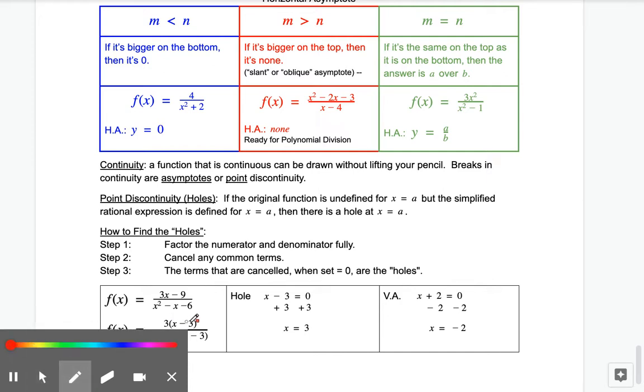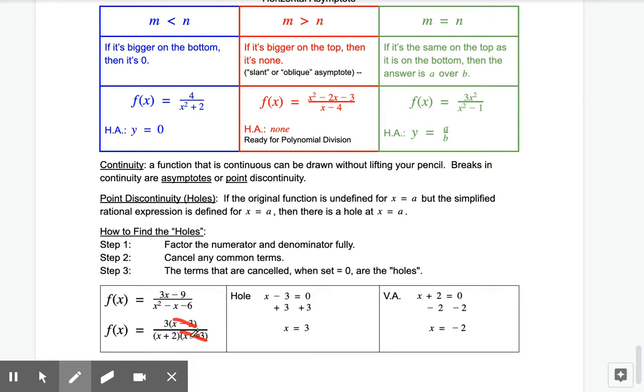Now, here we have our two binomials are exactly the same. One's the numerator, one's the denominator, so they cancel each other out. So that's where we can look at this. If the original function is undefined where x equals a, this is undefined when x equals 3 for x minus 3.